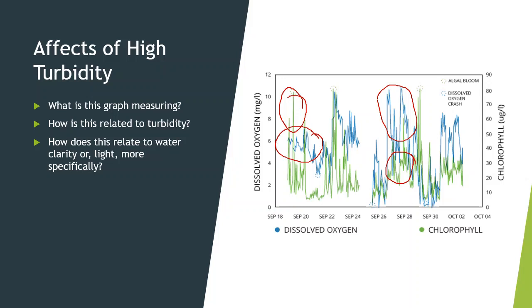Let's take a look at the simplest example. Let's take a look at these sections of red that I've encircled, right? So here, there is still a lower amount of chlorophyll compared to the amount of dissolved oxygen.